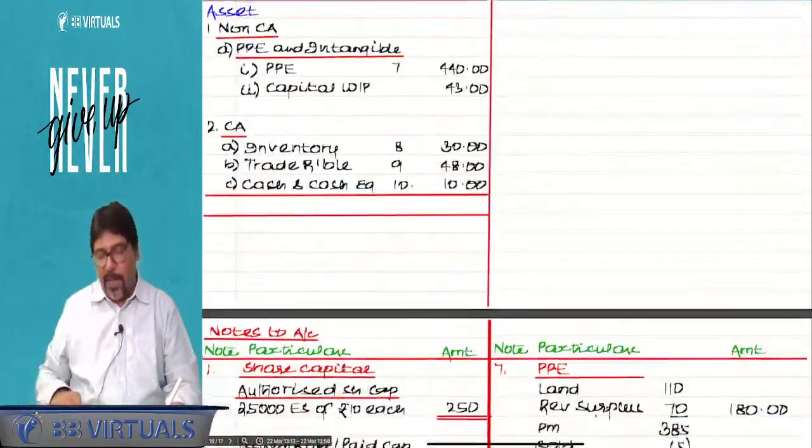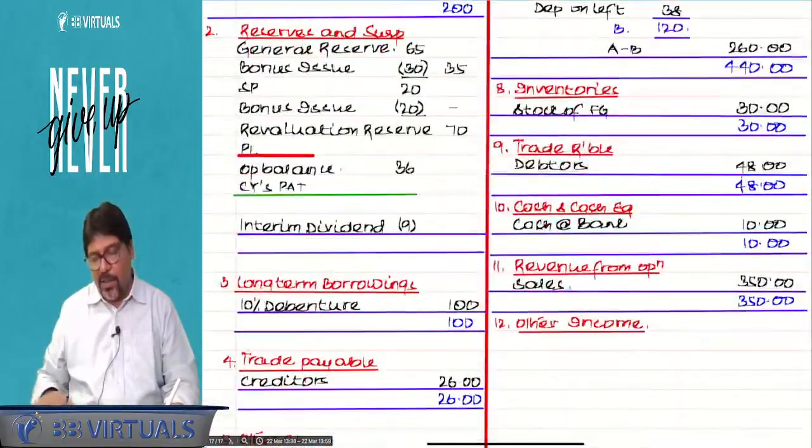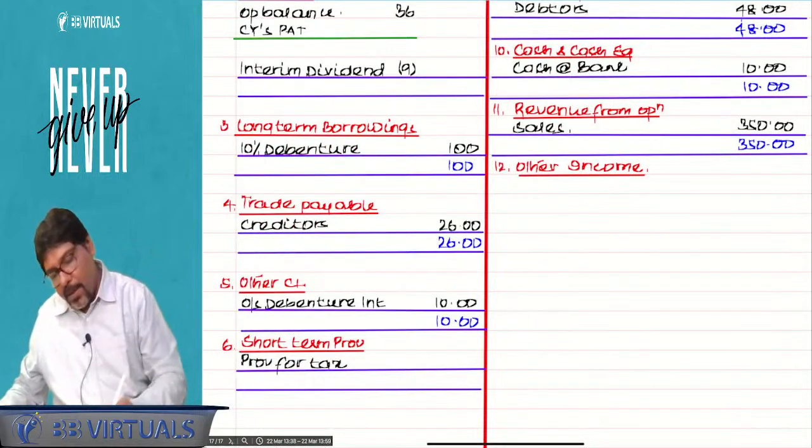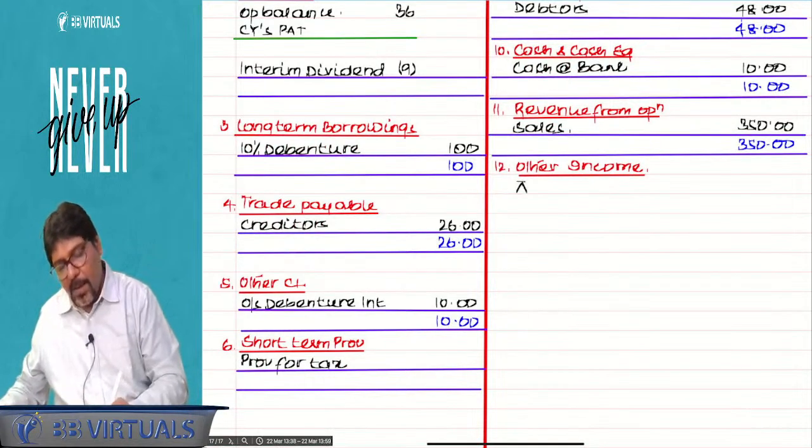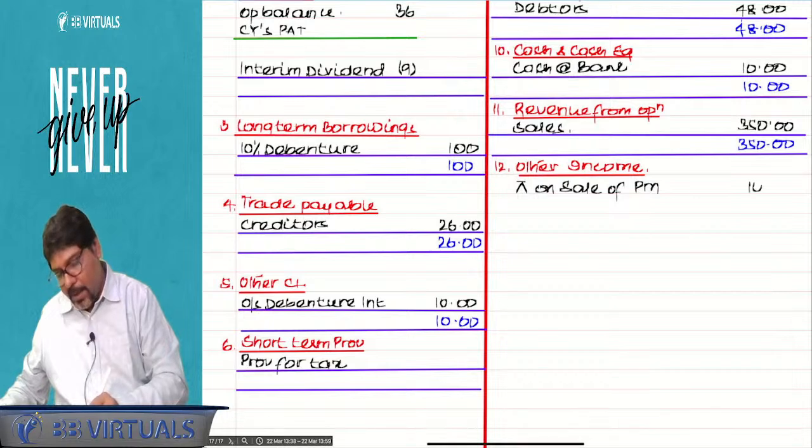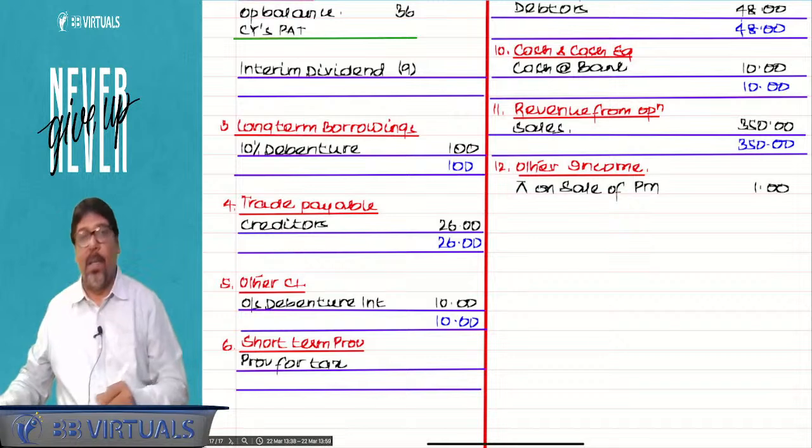Profit on sale of plant and machinery, 1 rupee.